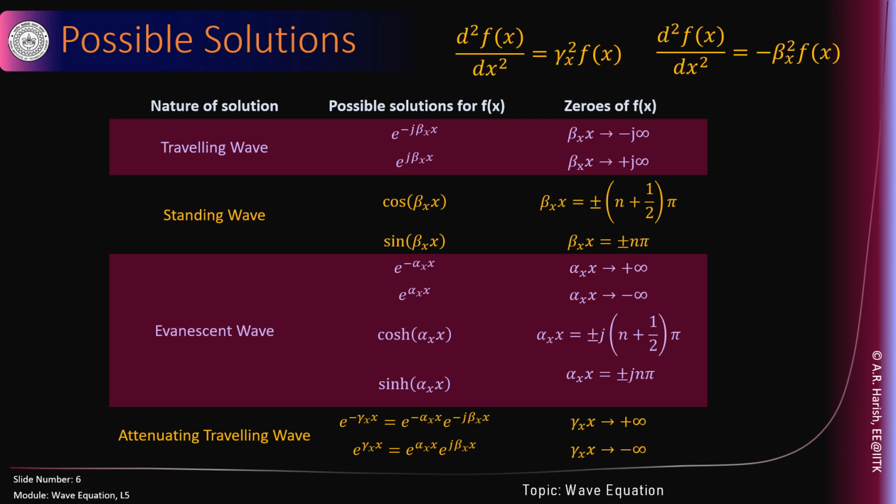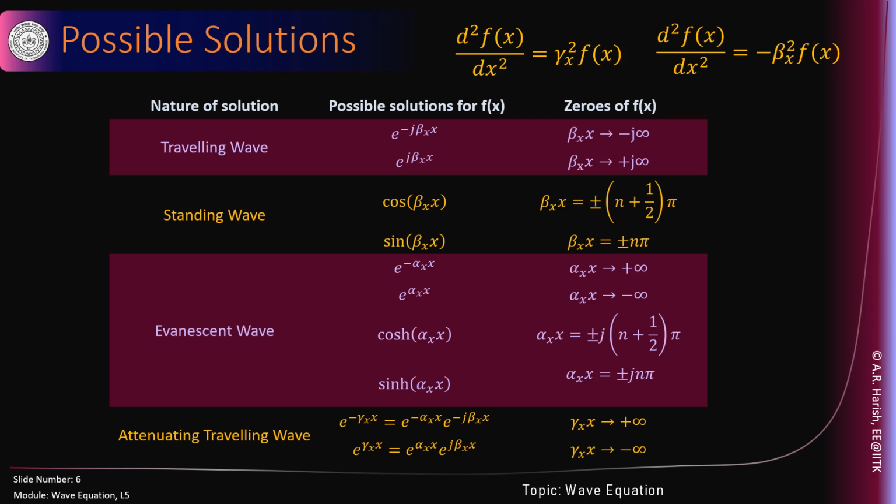It remains independent of x. The magnitude of e to the power of minus j beta x x is equal to 1. So it doesn't decay. It keeps propagating to infinity. Now, on the other hand, if you look at the solutions cosine beta x x and sine beta x x, these will also satisfy the differential equation.